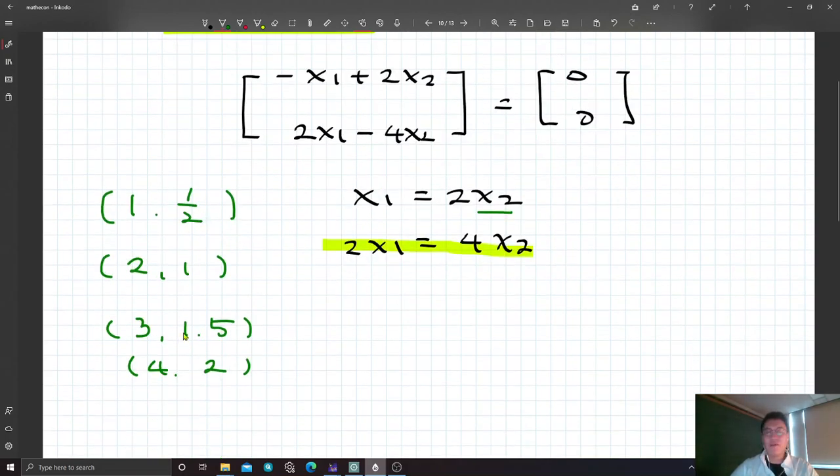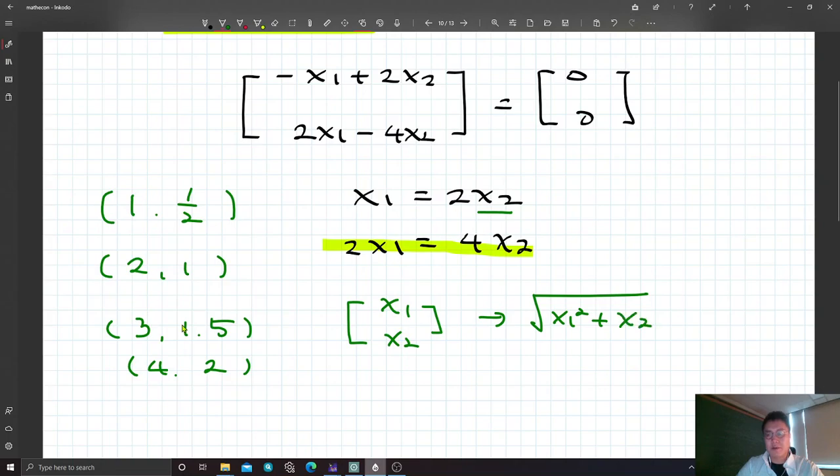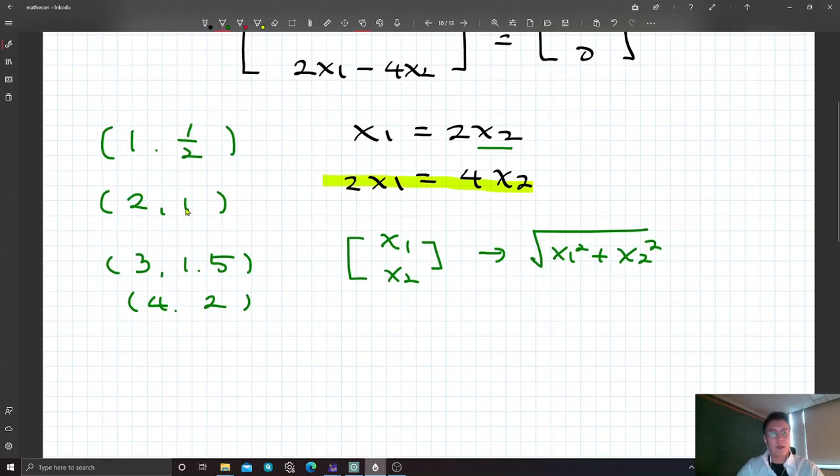But among them, we are going to focus on one special type of eigenvector, one with a size equal to one. When we have a 2 by 1 vector x1 and x2, the magnitude of this vector is defined as the square root of x1 squared plus x2 squared. So for 2 comma 1, its magnitude, or size, is the square root of 5.